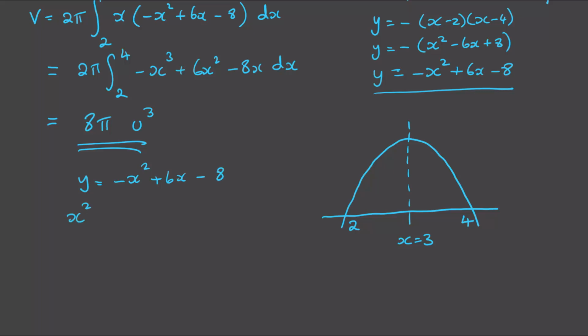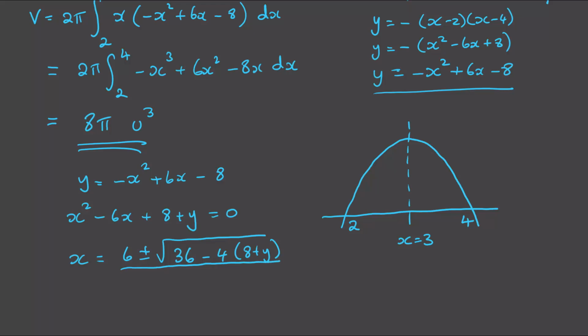That gives me x squared minus 6x plus 8 plus y is equal to 0. So, using the quadratic formula, x is going to be 6 plus or minus the square root of negative 6 squared is 36, take away 4, 8 plus y, all divided by 2 times 1, which is just 2.